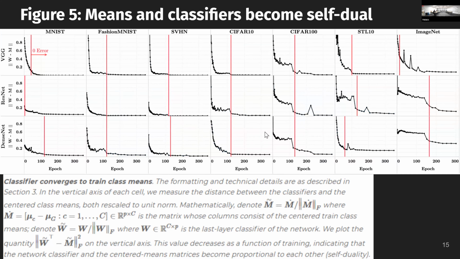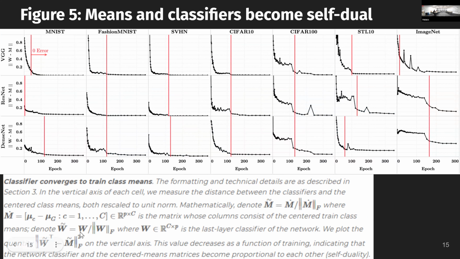So this is the self-duality. They're looking at the proportion between these two. So this is the assembled class means, this M tilde, and they've now overloaded M like 5 different times with the M star, M tilde, and dot. I'm surprised there's not an M prime in here somewhere, honestly.